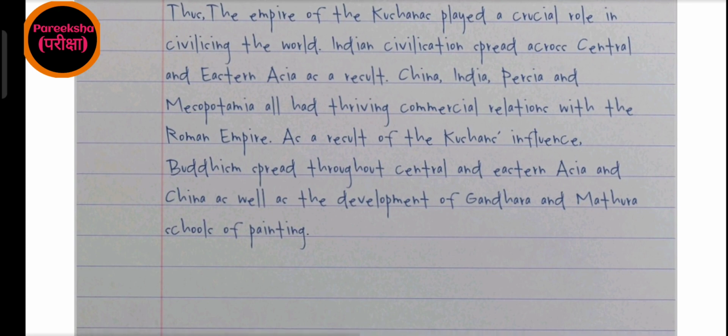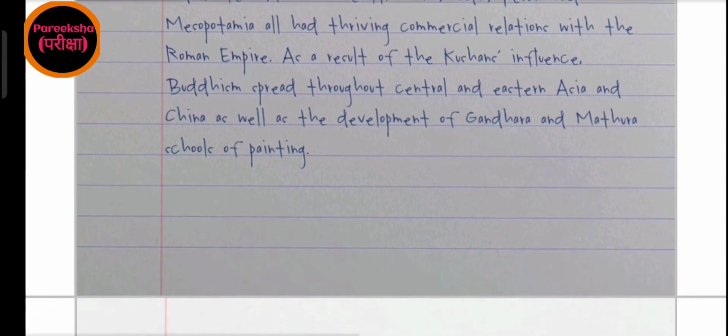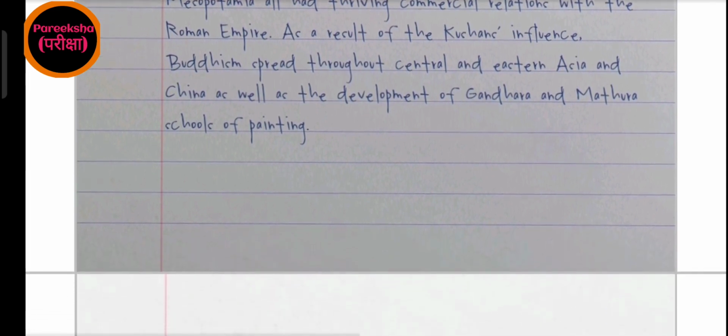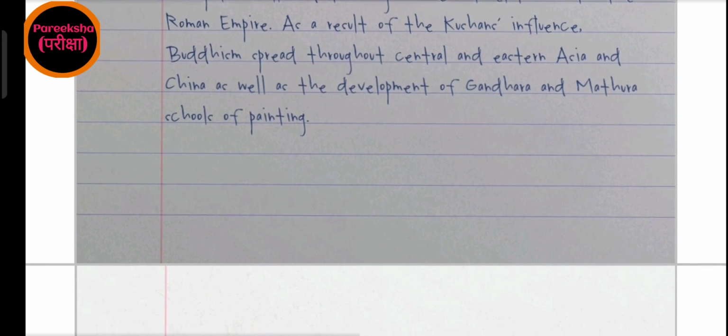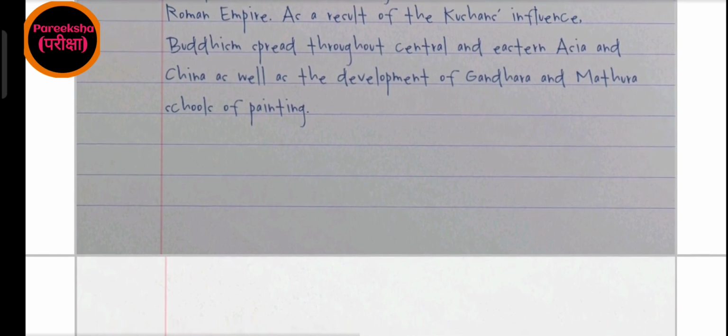Indian civilization spread across Central and Eastern Asia. As a result China, India, Persia and Mesopotamia all had thriving commercial relations with the Roman Empire. As a result of the Kushana influence, Buddhism spread throughout Central and Eastern Asia and China, as well as the development of Gandhara and Mathura schools of art.